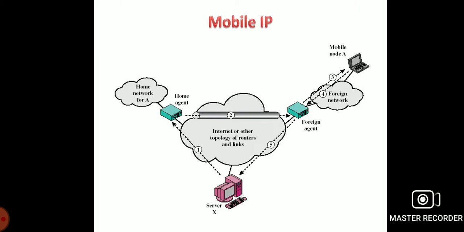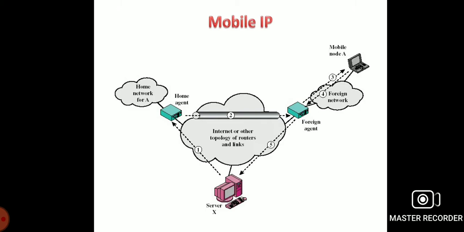In this case, there is the mobile node A and another host, the server X. The server X wants to transmit an IP datagram to node A. The home address of A is advertised and known to X. X does not know whether A is in the home network or somewhere else. Therefore, X sends the packet to A with A's home address as the destination IP address in the IP header.